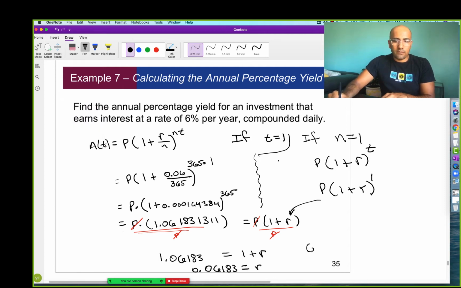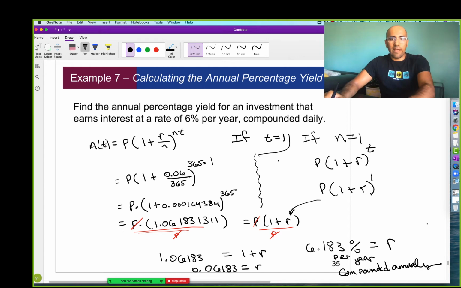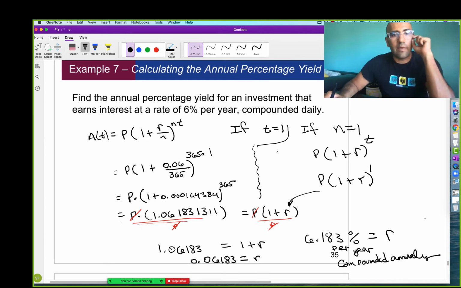So there's our answer. 6.183% is the equivalent annualized rate, per year, compounded annually, that would give us the equivalent amount.